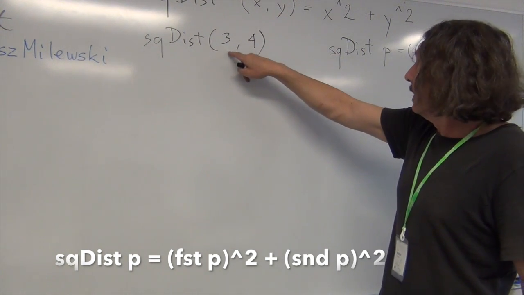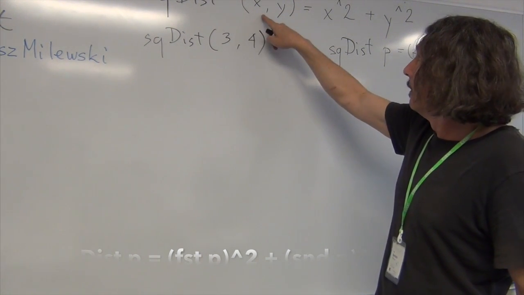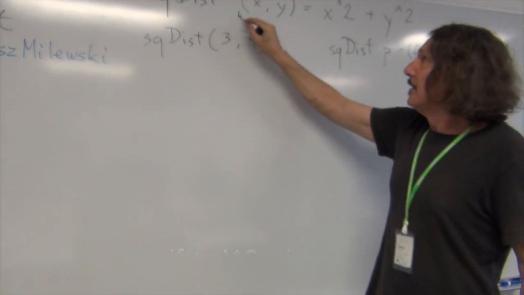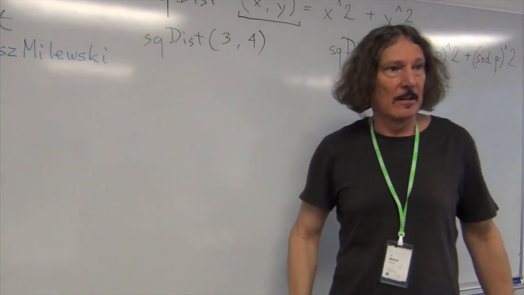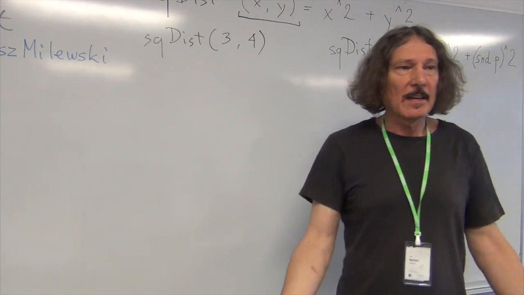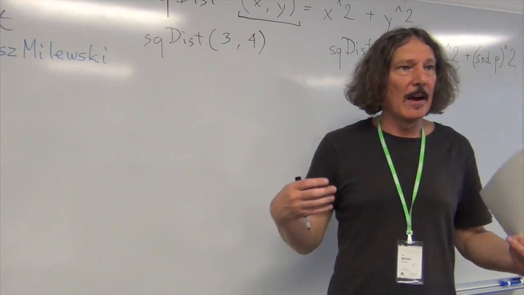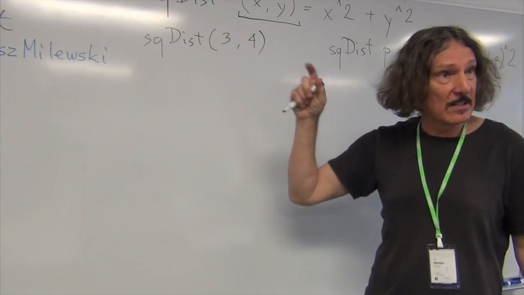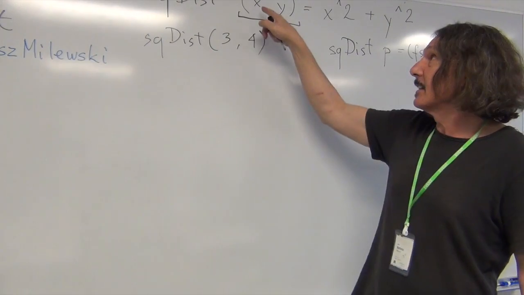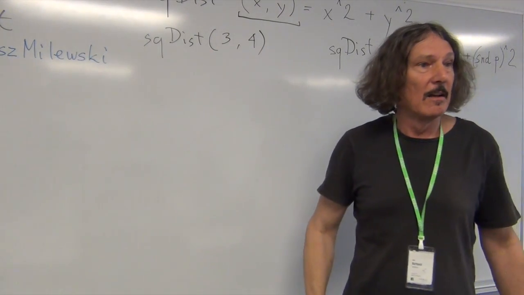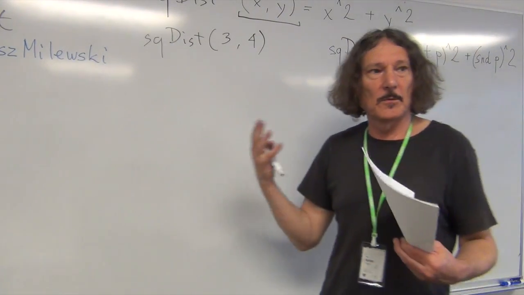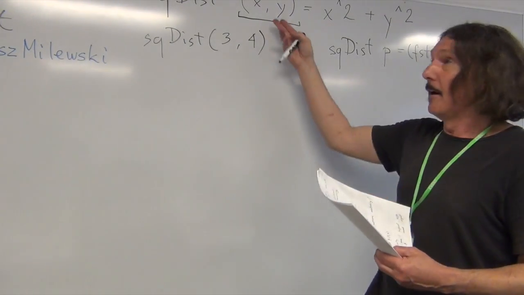But this is a different form. In this form, this is a pattern. So I'm extracting stuff from a pair using a pattern. This is a pattern that matches a pair and extracts x and y from this pair. So there are these two styles of writing functions in Haskell.